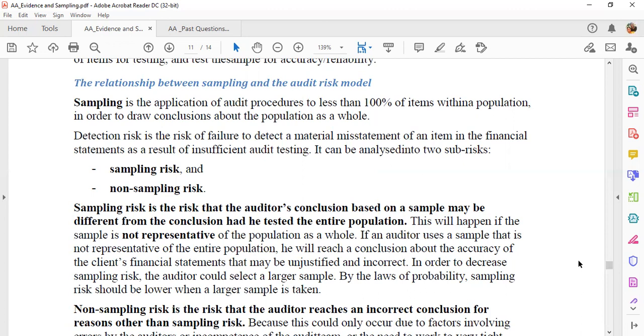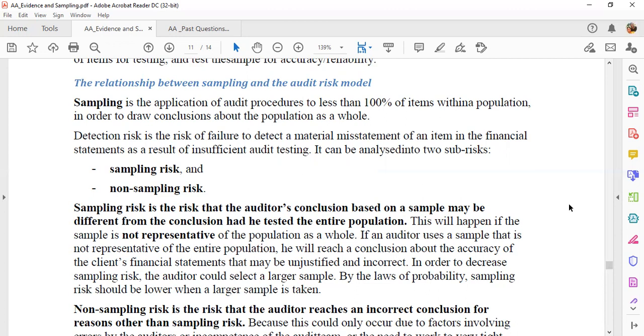So when we say detection risk, it is the risk that the auditor's sampling, the way you carry out your activities, is not going to detect material misstatement. Detection risk is the risk of failure to detect material misstatement in an item in the financial statements as a result of insufficient audit testing. Say I have a population of 100 and I check maybe 70 of it.